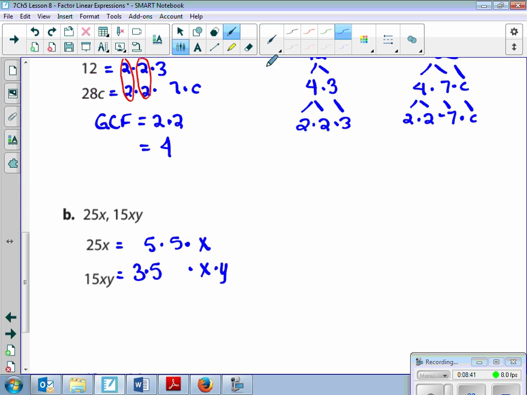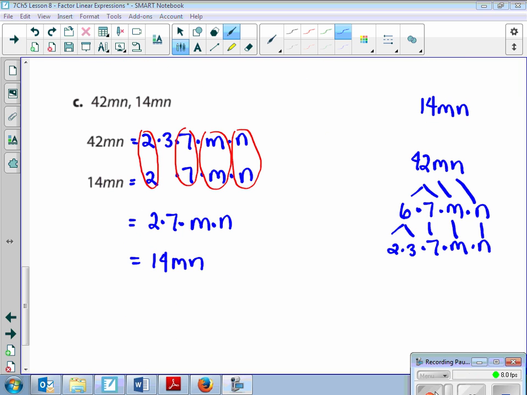Okay? And now we can circle what they have in common. So here we have the 5's in common. Anything else? And the x's in common. Very good. So the GCF is what? 5 times x, which is 5x. Very good. So sometimes you don't need to do the factor trees.